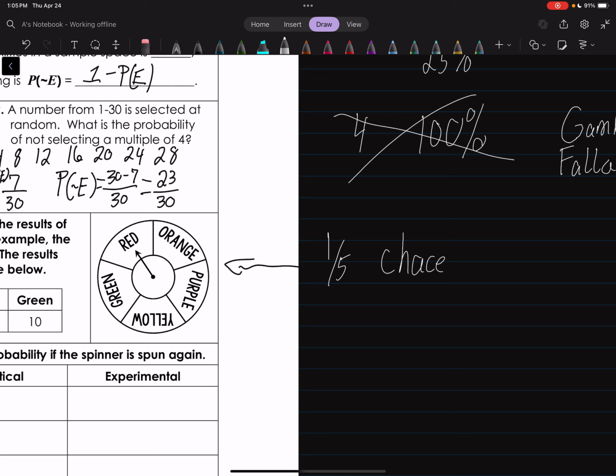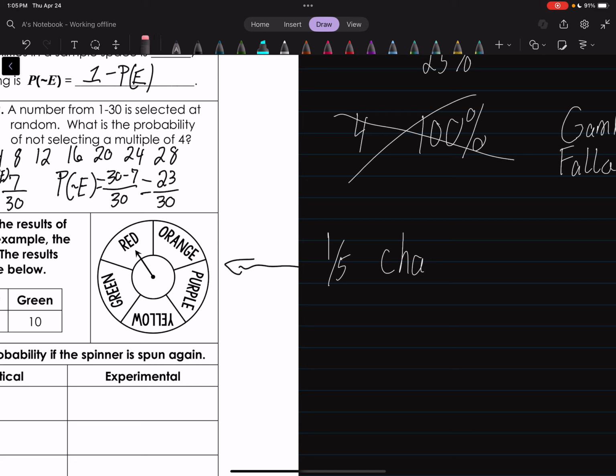Okay? But I might spin it a million times and never get one of the colors. What experimental is saying is, if I were to actually start spinning this, how often would I hit it? So it's comparing what actually happened versus what statistics say theoretically would happen.